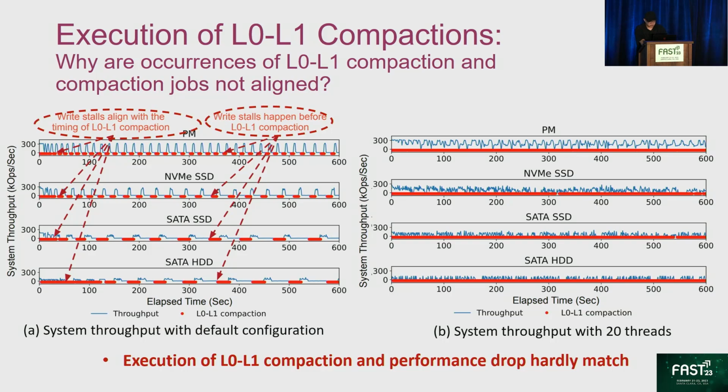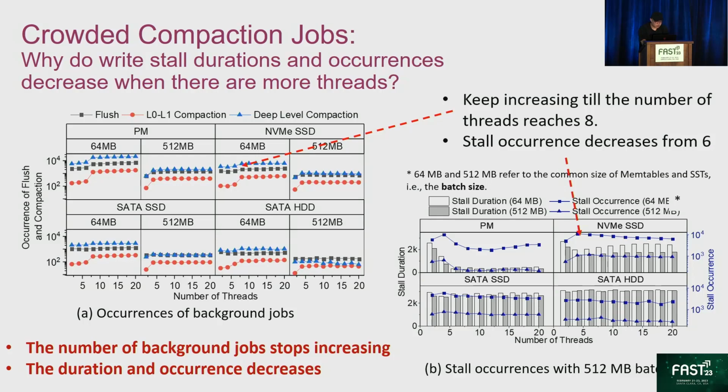And in figure B, where there are a sufficient number of threads to run the compactions, the execution of level 0, level 1 compaction and the performance drop never match from the beginning.